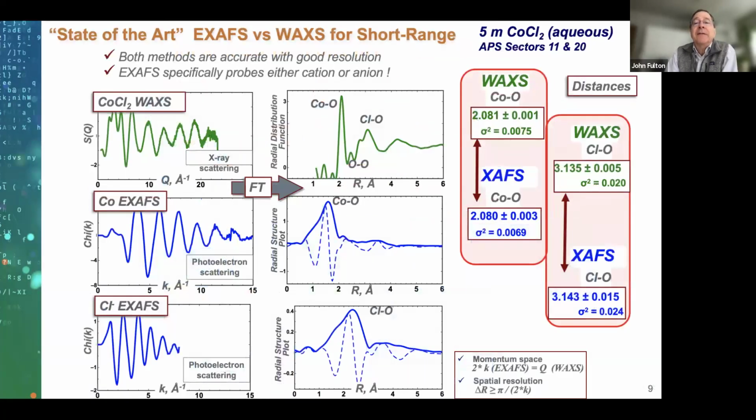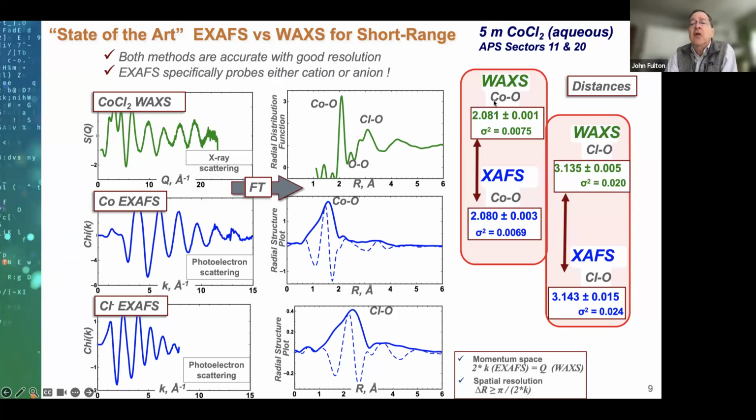To give a little bit of history, this is more or less the state of the art as far as XAFS versus wide-angle X-ray scattering. These are measurements of 5 molar cobalt chloride in water. The green spectra at the top are from wide-angle X-ray scattering. We have XAFS measurements at the cobalt edge and at the chlorine edge, and we find excellent agreement between these two.